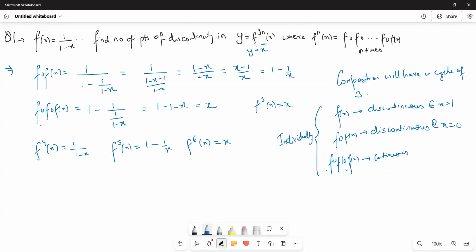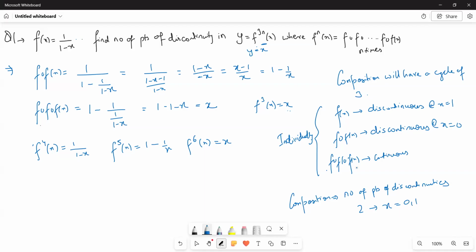So now when we look at them as a composition, what would be the number of points of discontinuities? There will be 2 points of discontinuities, at x equal to 0 and 1.